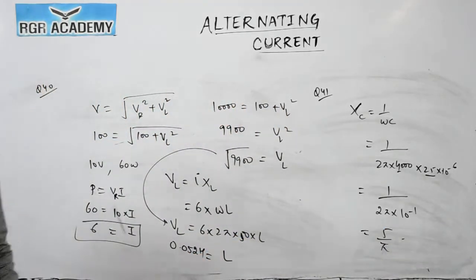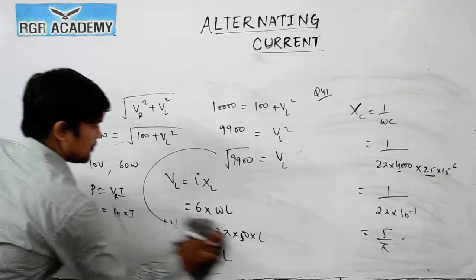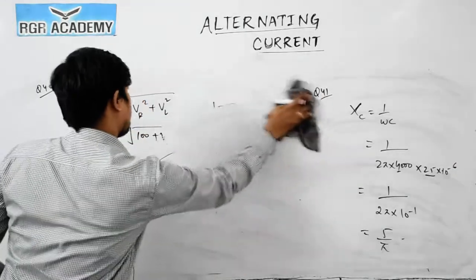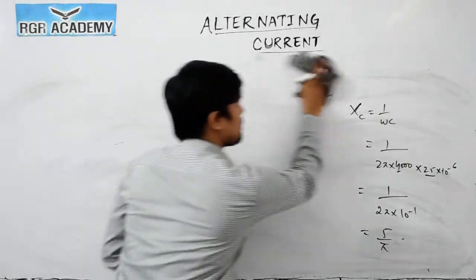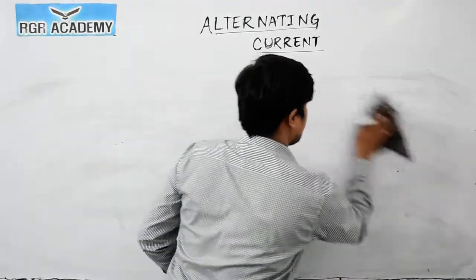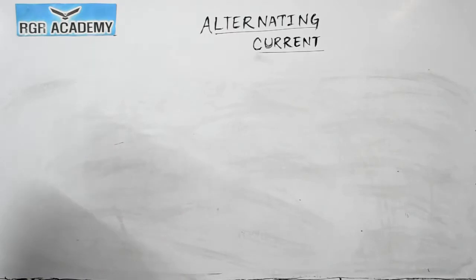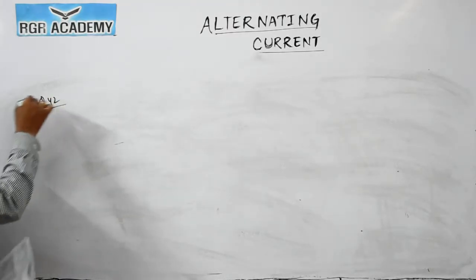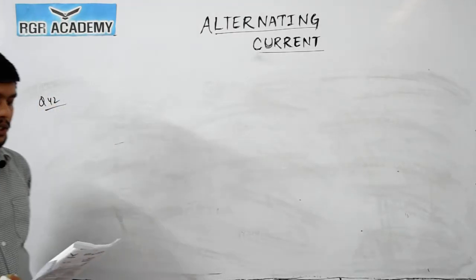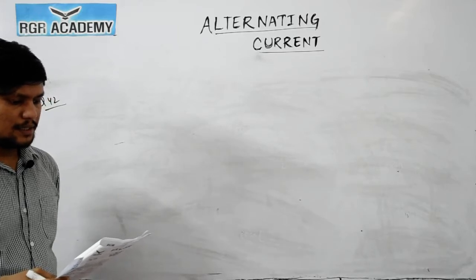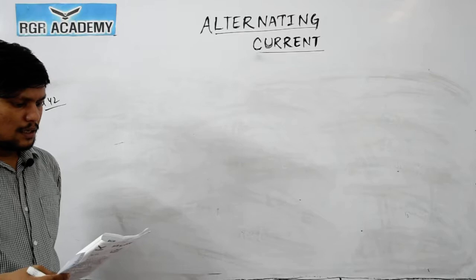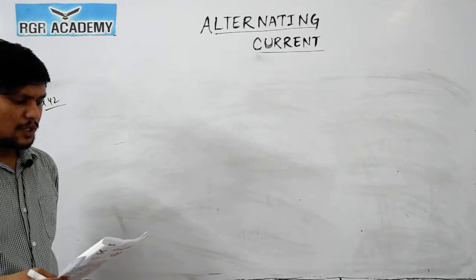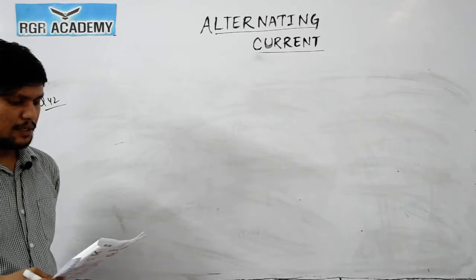Now question number 42. If the frequency of an alternating current in an AC circuit consisting of an inductance coil is increased, the current gets increased. The current is inversely proportional to the frequency of alternating current, okay.